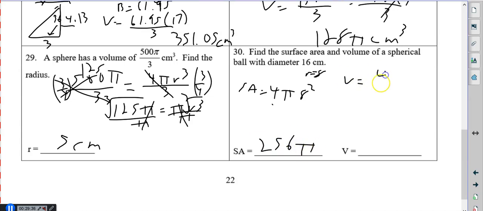Volume is 4 pi r cubed divided by 3. And that works out to a decimal of 682.6 pi centimeters cubed. And that's it.